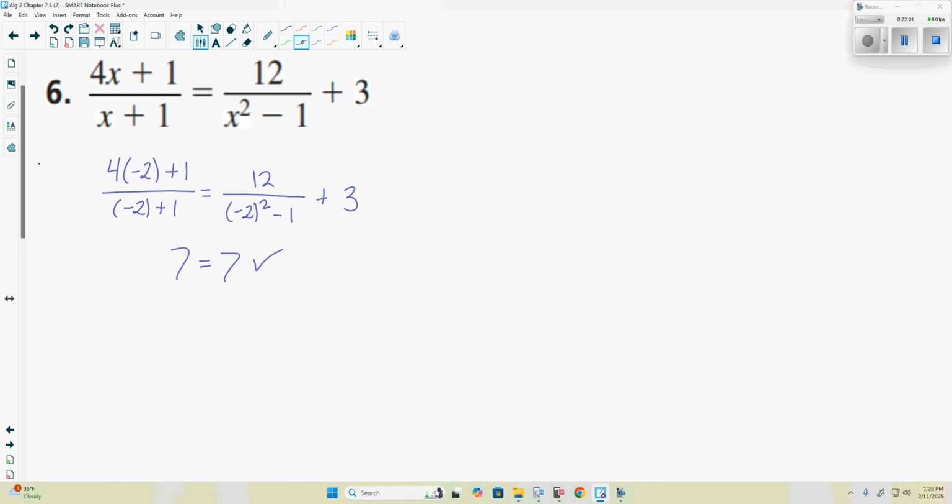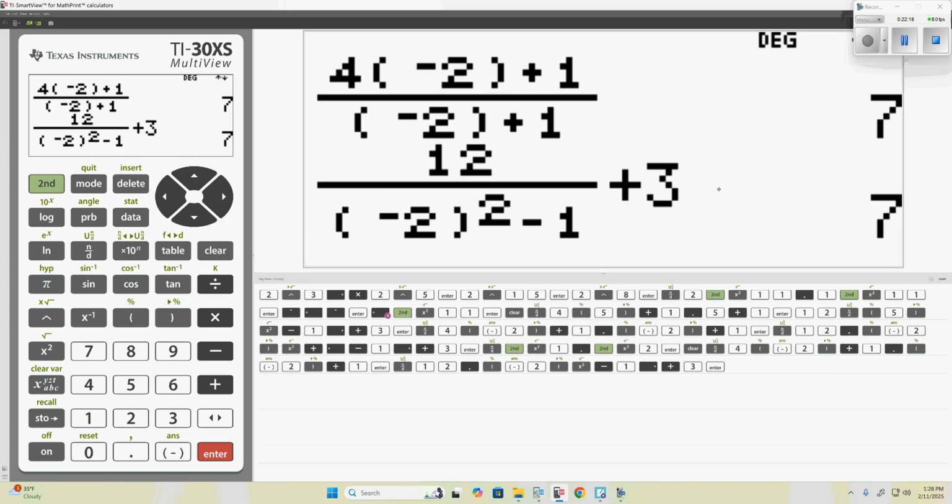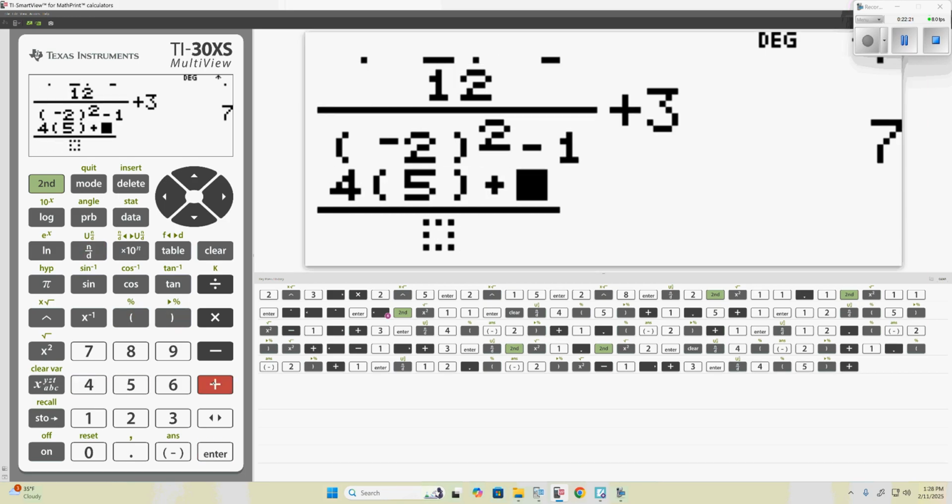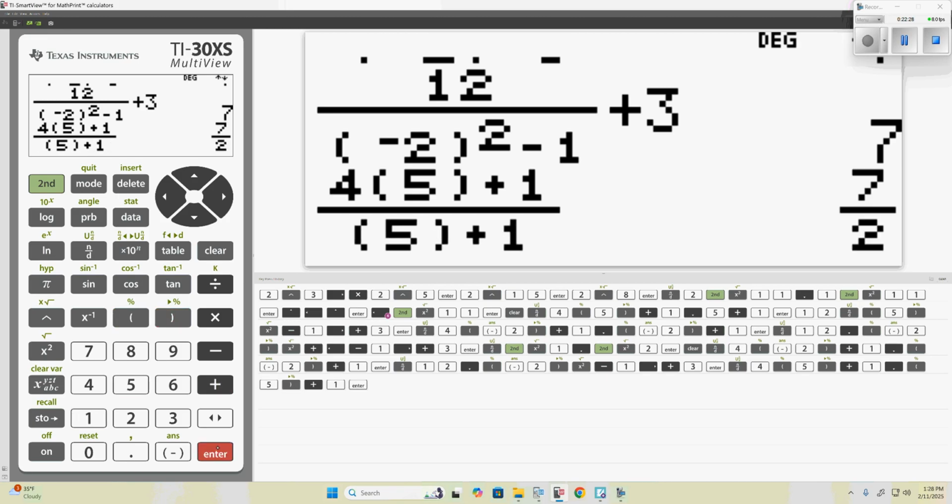We can do the same thing with 5. 4 times 5 plus 1 over 5 plus 1. Let's see if that equals 12 over 5 squared minus 1 plus 3. And again, at this point, we can pull the calculator up and say 4 times 5 plus 1 over 5 plus 1 is 7/2.